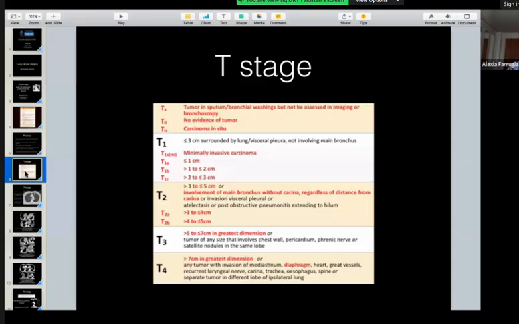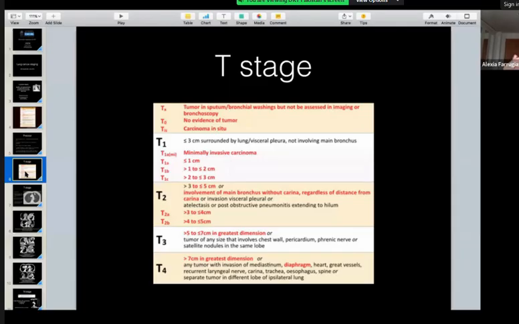T3 tumors measure more than 5 centimeters but less than or equal to 7 centimeters in greatest dimension, or else they are tumors of any size that involve either the chest wall, the pericardium, the phrenic nerve, or satellite nodules in the same lobe. That would be a T3 tumor.